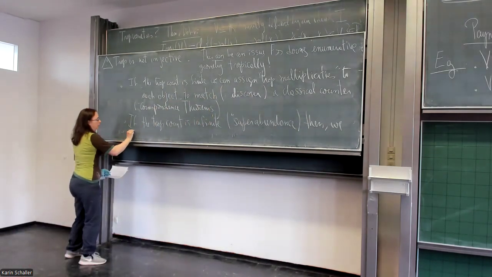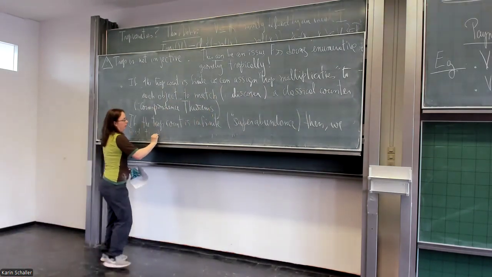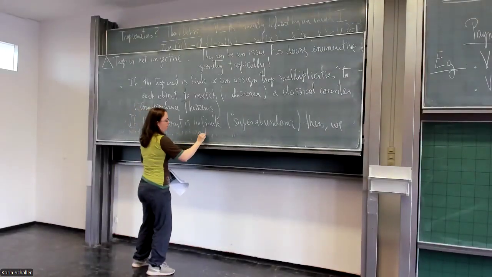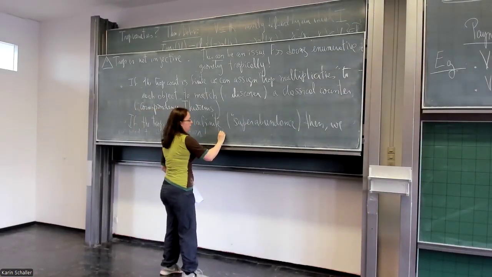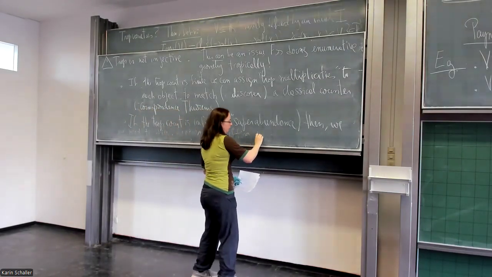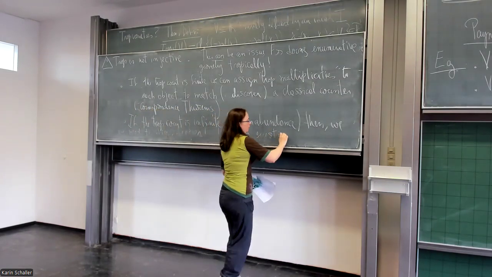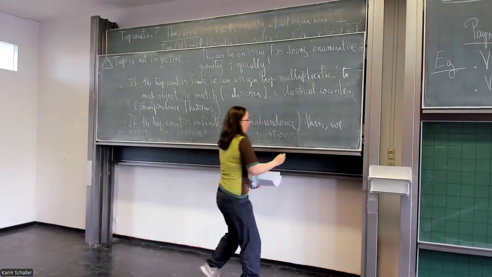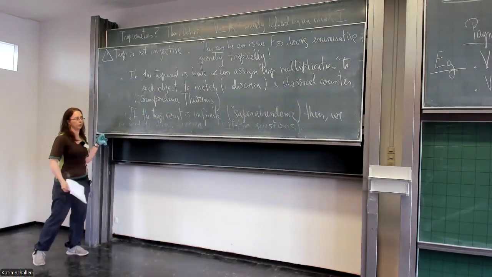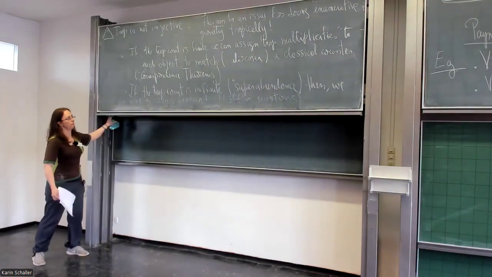We need to dig deeper. So this is sort of in the frame of lifting questions, and that's partly what Titus is going to talk about, and also what I'm going to talk about in the second part.